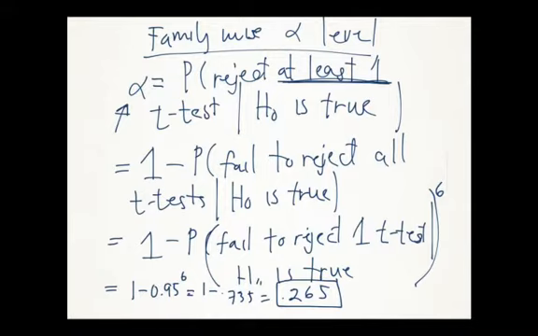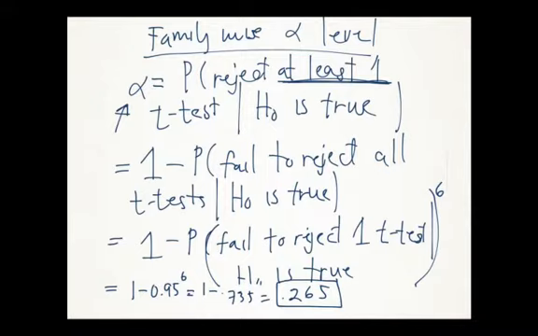We don't want to make type 1 errors because those are bad conclusions. That's like when we conclude that a treatment really works when in fact it doesn't. It's no different than a placebo. That's a poor decision to make, and something we want to avoid in all situations, particularly in medical research. So you can see by doing these 6 pairwise t-tests, we now have this very inflated family-wise error rate, and that's something we want to avoid.